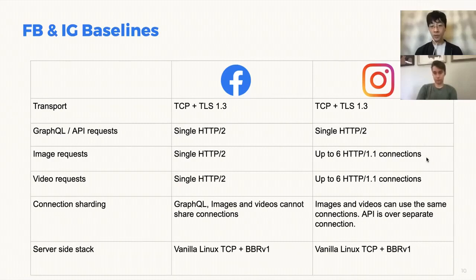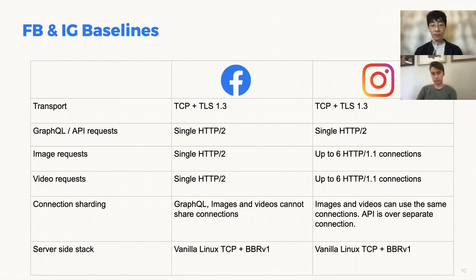They were both using TLS 1.3 with early data enabled. On the Facebook side, all the API requests, aka GraphQL, and all the static requests, whether image or video, use HTTP2. For Instagram, the API requests use HTTP2, but the static content, like image and video, were still going over HTTP 1.1 connections.